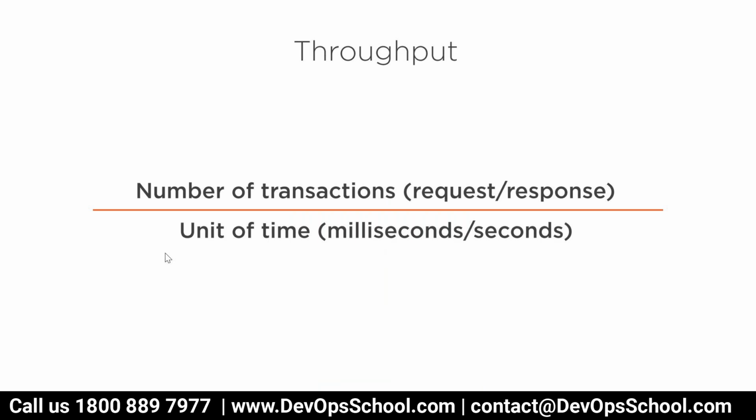Throughput is one of the formulas which you can see here. Throughput is the number of transactions, request and response, per unit of time, in milliseconds or whatever it is, and whatever you get as output, total per unit of time, is called throughput.